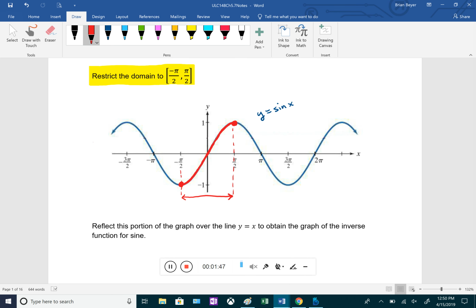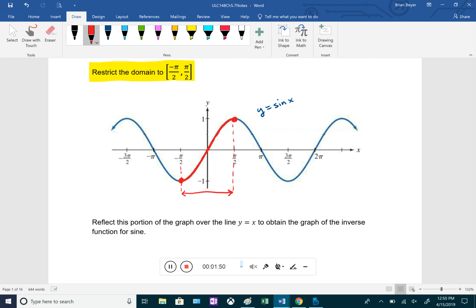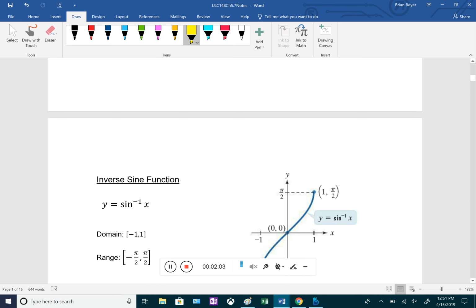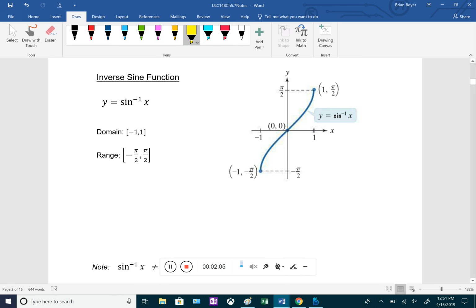So in order to find the graph of the inverse function for sine, we do it just like we always do, and we reflect it over the line y equals x, and that'll give us the inverse function. This would give us this graph here on the right, the inverse sine function. If we remember, when we're finding an inverse function, the x and y coordinates completely flip-flop.